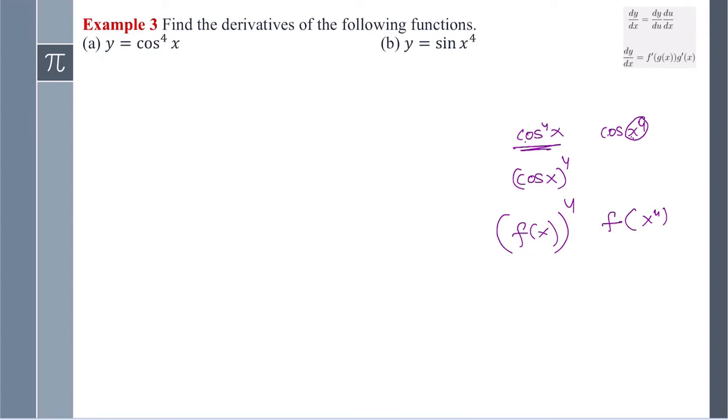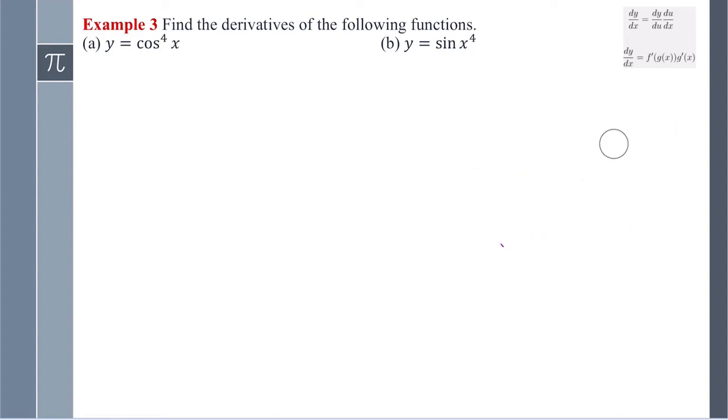If you look over here, the first one we have is cosine x to the fourth. That means we can write this as y equals cosine x to the fourth, just to make it a little bit easier for us to see. Now our inside function is cosine x, and the outside function is the power function with a power of 4. Then the derivative becomes dy over dx.